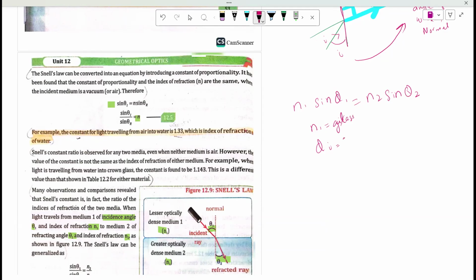Theta 1 would be the critical angle, and 2 would be air, into which it has to enter, and theta 2 would be the refracted angle. ठीक है?